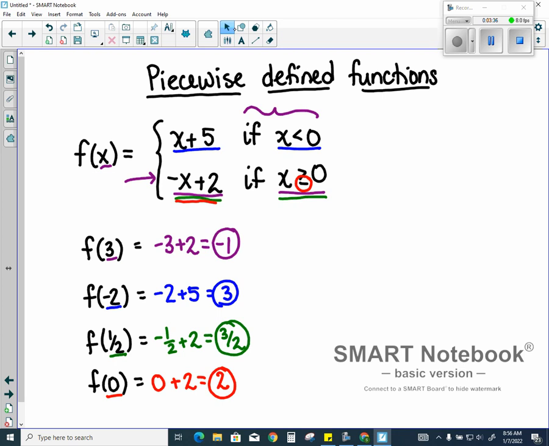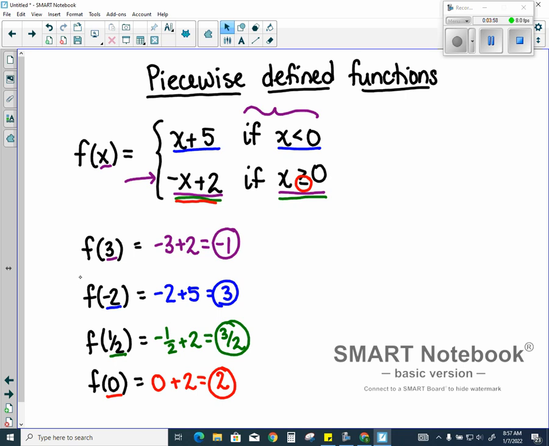When you're evaluating a piecewise defined function, for every x that you have, just like with any other function that we deal with, there's only one y that can come out. Okay, over here, this determines which expression we use to find that y. And it's only one of them. We only put it in one place or the other.